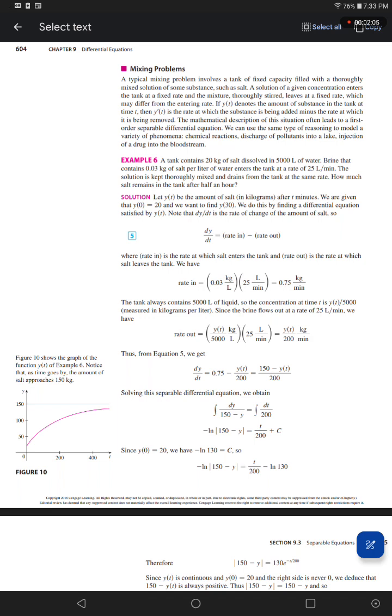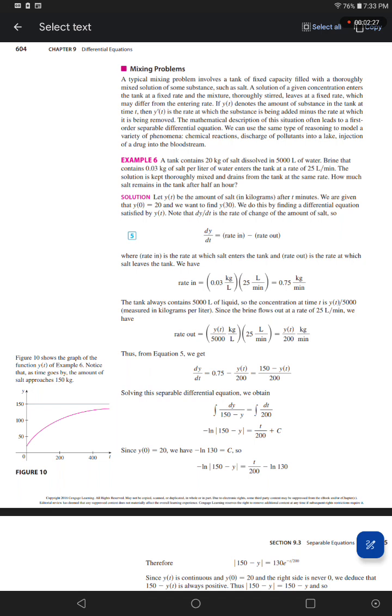Solution: Let y of t be the amount of salt in kilograms after t minutes. We are given that y of 0 equals 20, and we want to find y of 30. We do this by finding a differential equation satisfied by y of t.